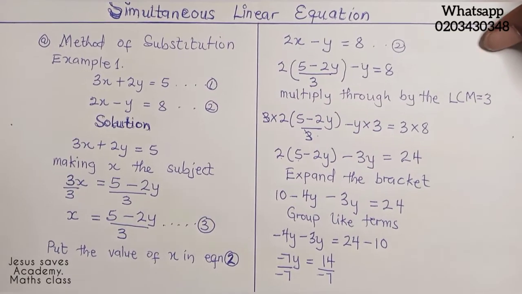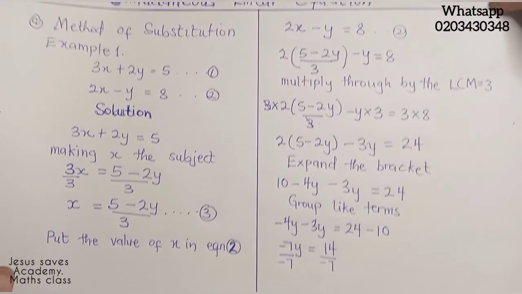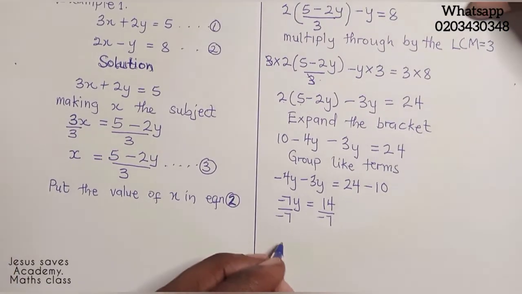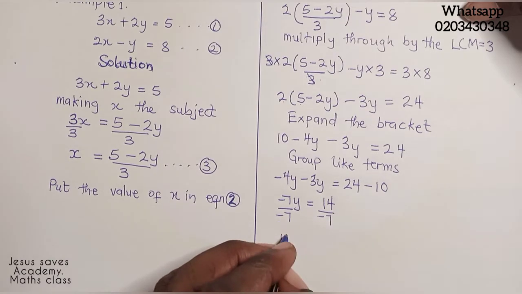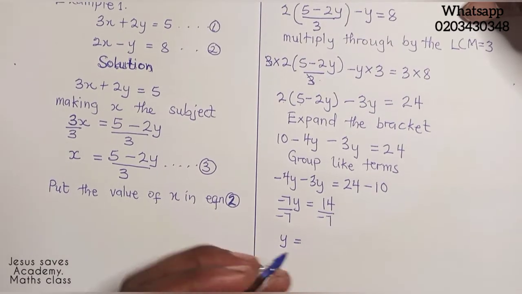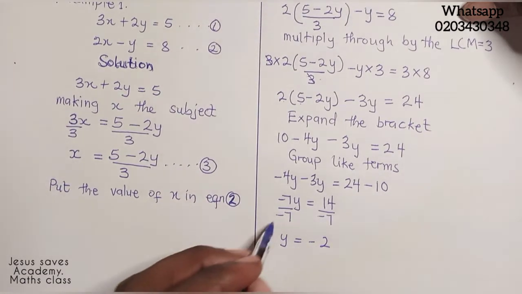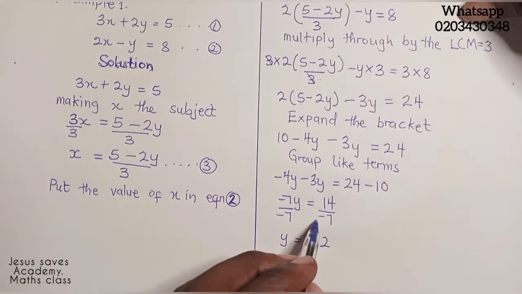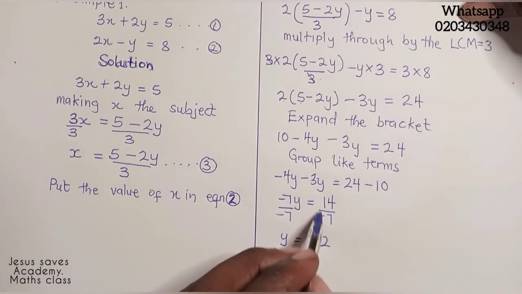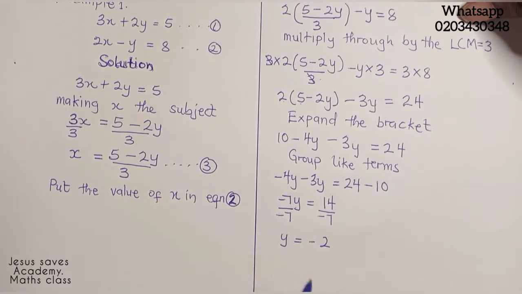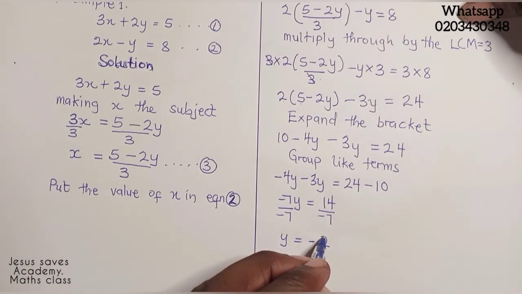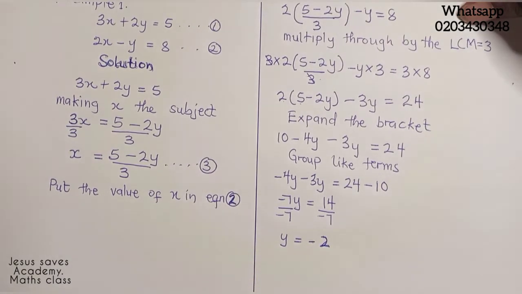The value of y will be equal to negative 2. This 7 will cancel this one, then this 7 will cancel 14, and the negative will overpower the positive. Then we get negative 2 for y.